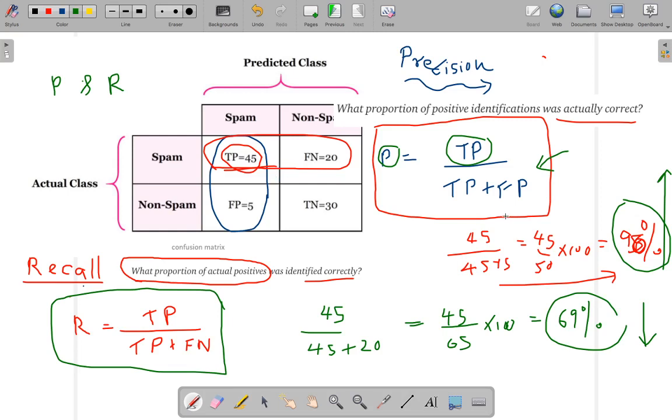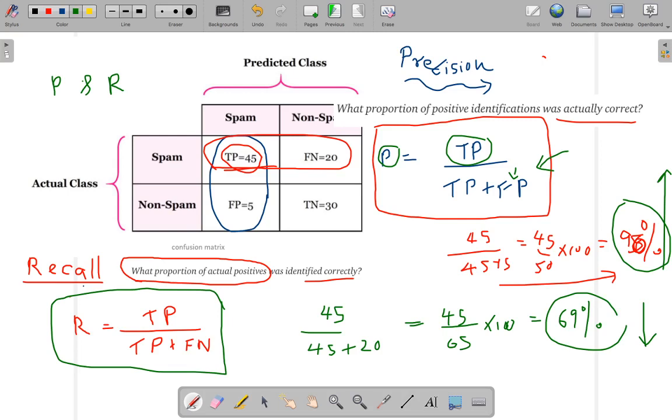If we can get this number to 0, so there's no false positive, and this is only true positive, 50 out of 50, then it becomes 1. That means every email is identified as a spam email, so there won't be any non-spam email at all. You can do that, but you see it's not proper to do it in that way. There are other mechanisms to try out.